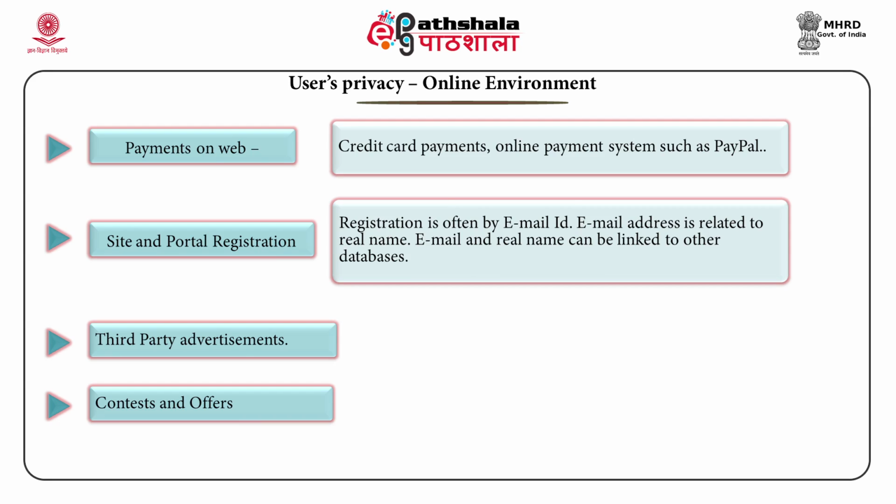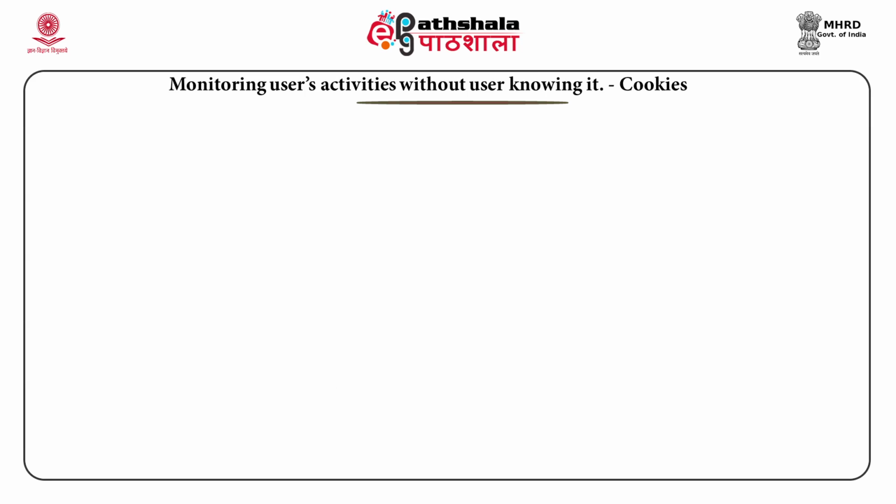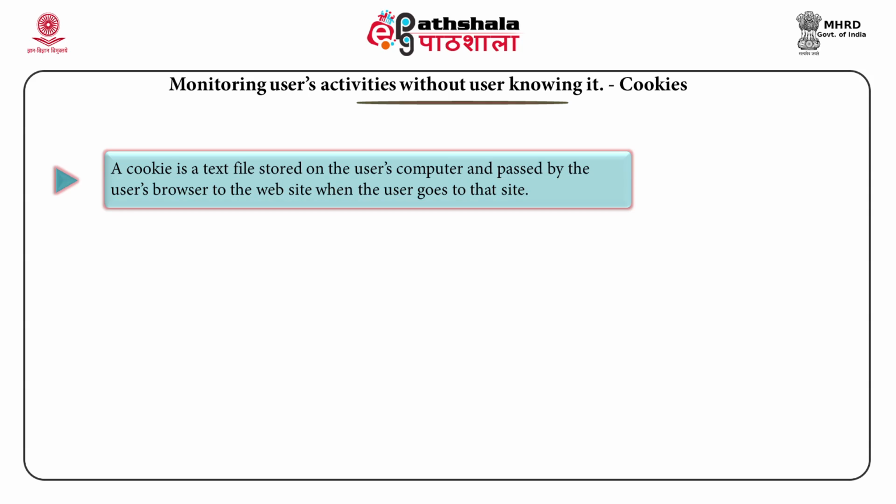When we talk about privacy, we said we can keep track of the users through certain mechanisms. The first mechanism is cookie. A cookie is nothing but a text file that is stored on the user's computer and passed by the user's browser to the website when the user goes to that site.